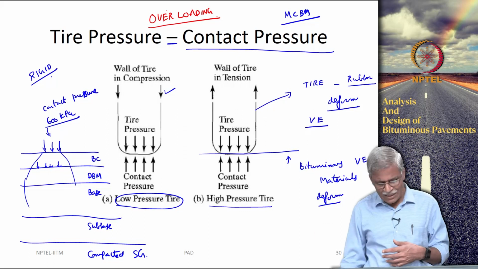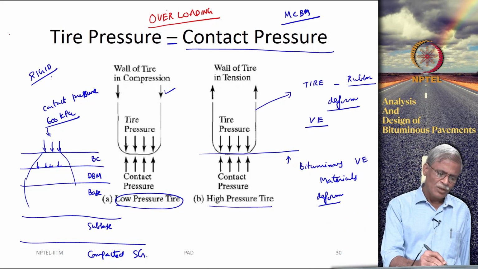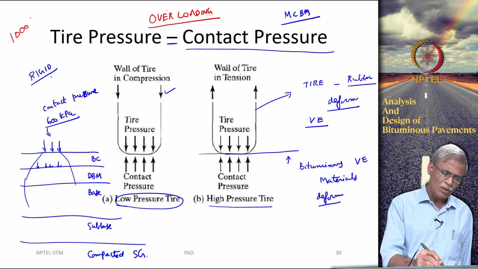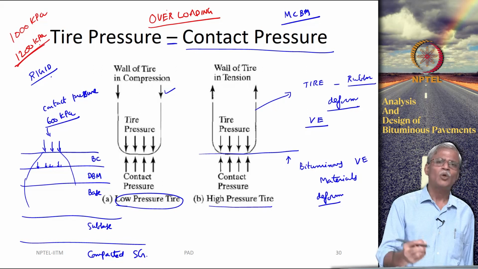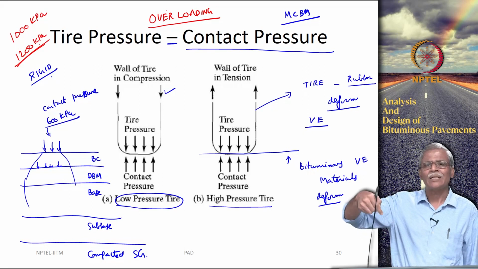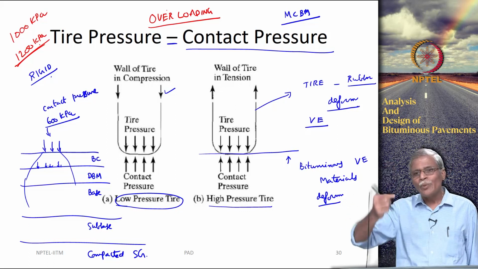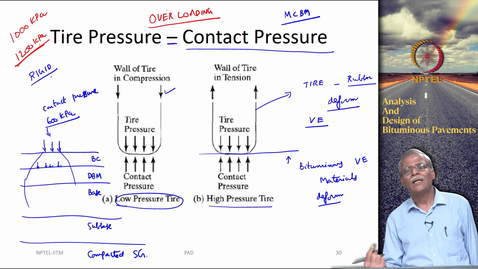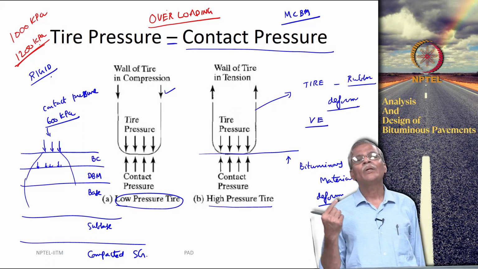So, if instead of 1000 kilopascal it becomes 1200 kilopascal, you are going to see that the contact area is less.